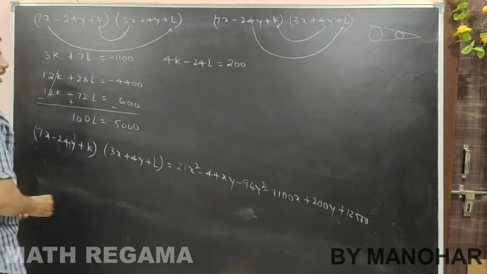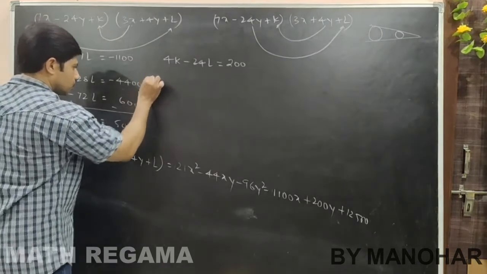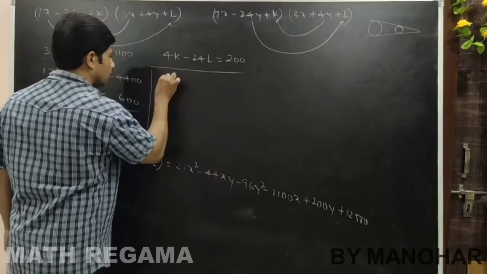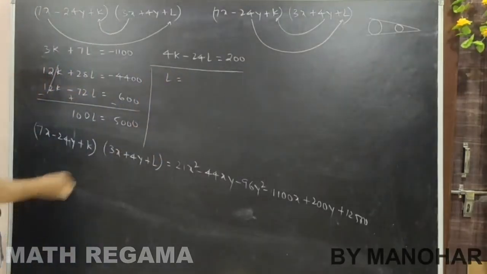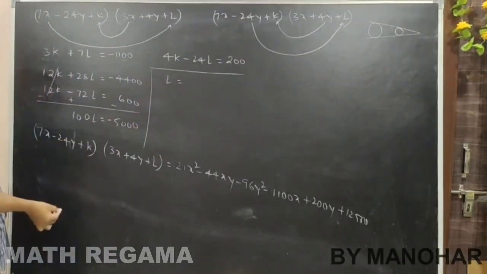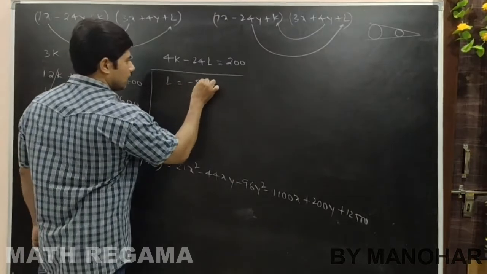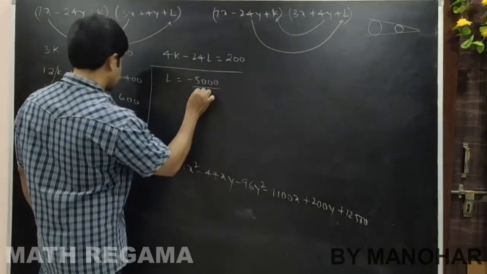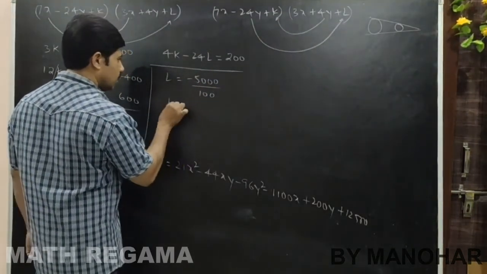So now we can find the value of L. L is equal to minus 5000 by 100. So what is the value of L we are getting?